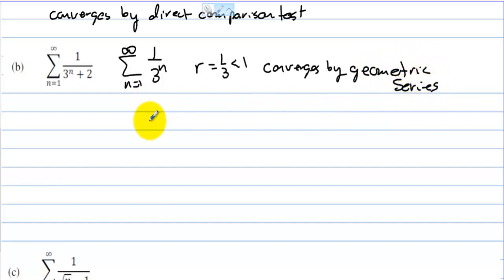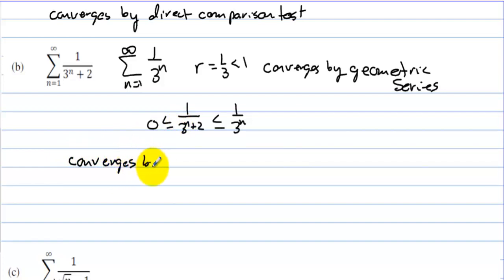We can also make the statement that 0 is less than or equal to 1 over 3 to the n plus 2, which is less than or equal to 1 over 3 to the n. This will be a slightly larger denominator, which makes a smaller value. So this one converges by direct comparison test.